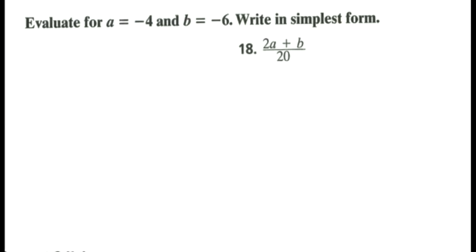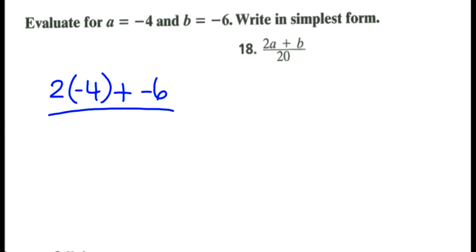Evaluate using the same variables. So I have 2. My A value is -4. My B value is -6. And then it's all over 20. So I'm going to use order of operations. I need to multiply before I can add.